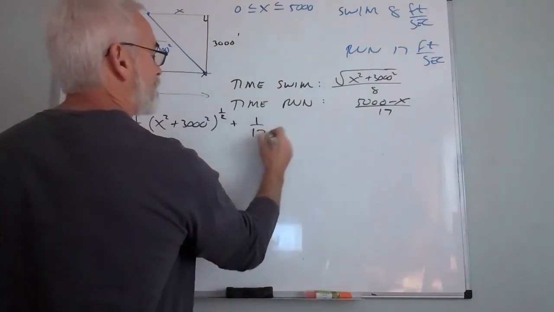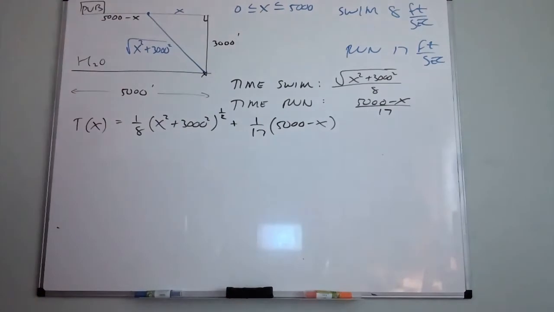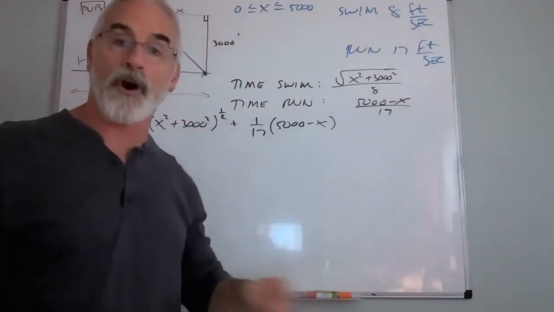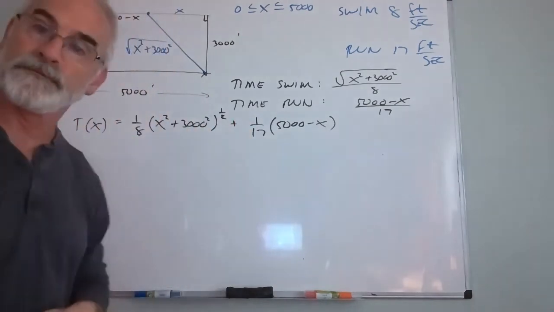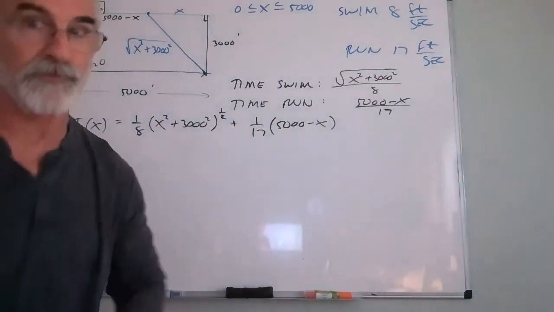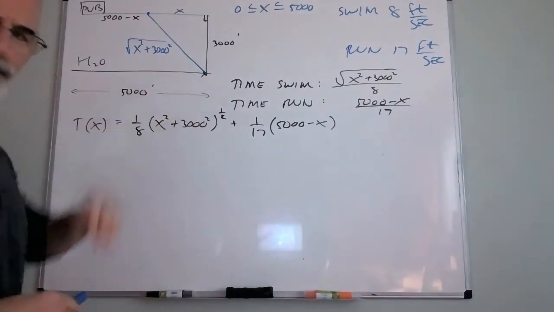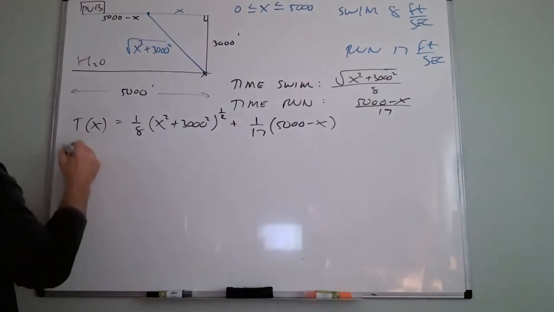Plus 1/17 times 5,000 minus X. For any value of X, where X ranges between 0 and 5,000, this is exactly how long in seconds it will take William to get to the pub. I'm going to work over here. All right, so what is T prime of X?